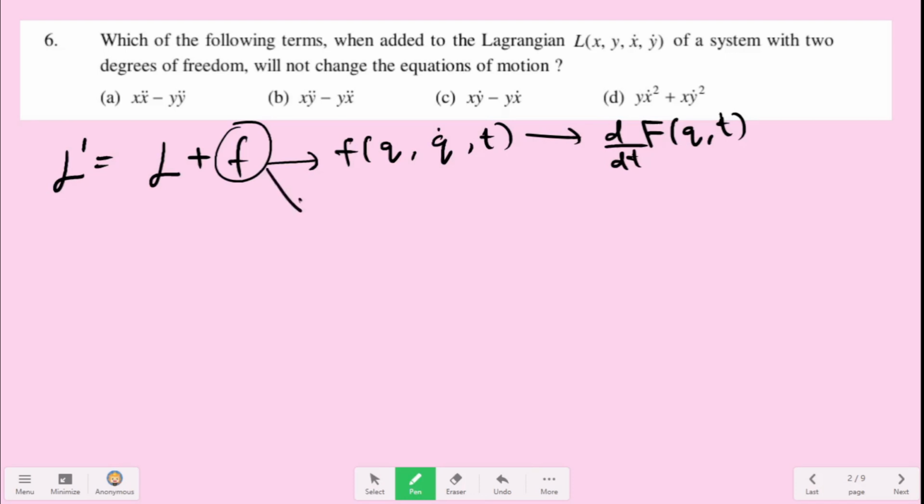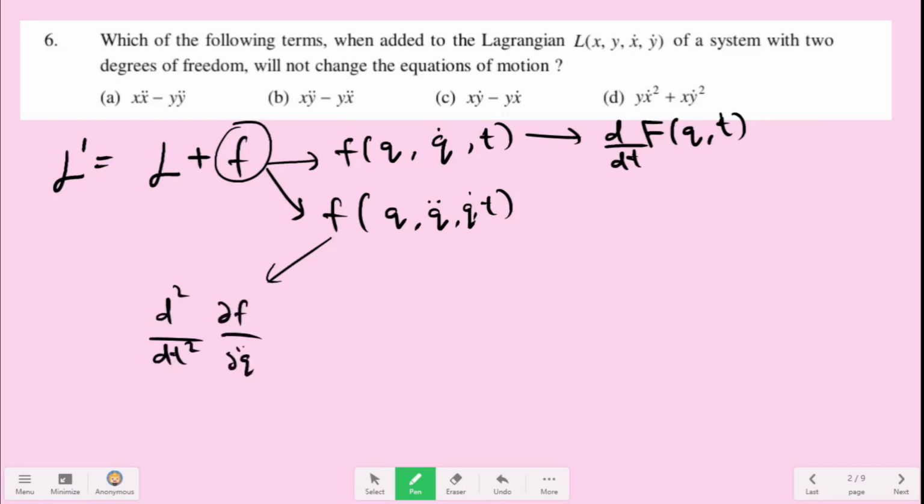Now in case f is a function of q double dot, q dot and t, then in that case we will check if d square upon dt square of del f upon del q double dot, minus d by dt of del f upon del q dot, plus del f upon del q is equal to 0 or not.